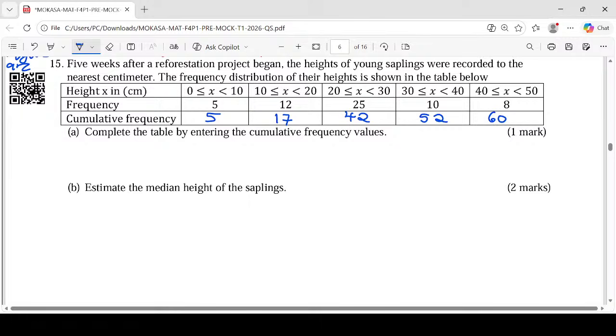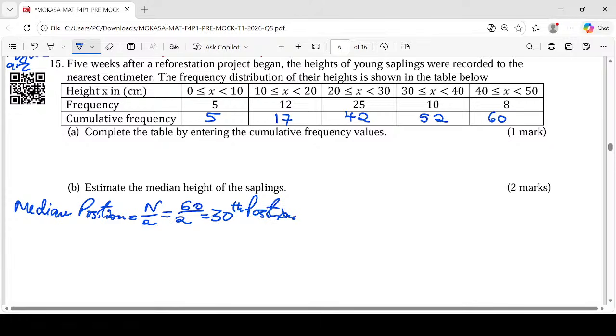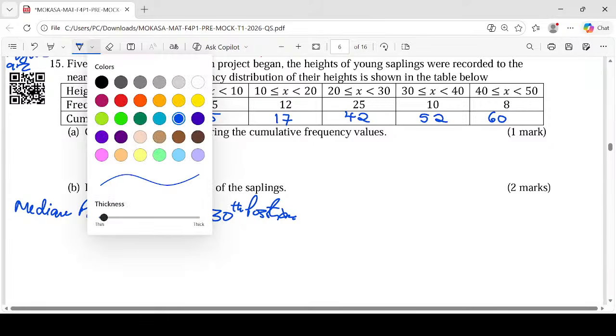Then estimate the median height of the sampling. Before we estimate the median height, let's get the median position. It's normally the total frequency divided by 2. The total frequency here is 60. You divide by 2, this is the 30th position. That's where the median lies in the CF. So now let's go to the CF and look at where 30 lies. 30 cannot lie in 5 because 5 is small.